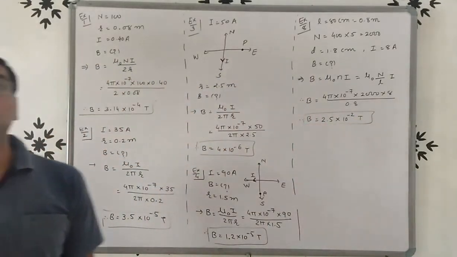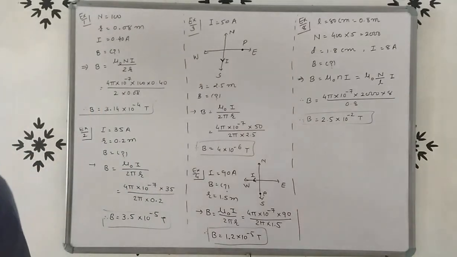Simply we use the formula of magnetic field for solenoid, B equals mu 0 small n I. But here we don't know the value of small n, but we know the value of capital N, the number of turns, and length L. Small n is the number of turns per unit length, so small n equals capital N upon L, right?